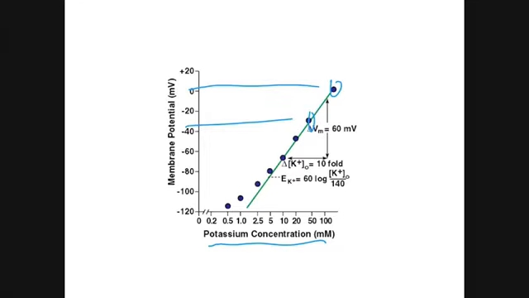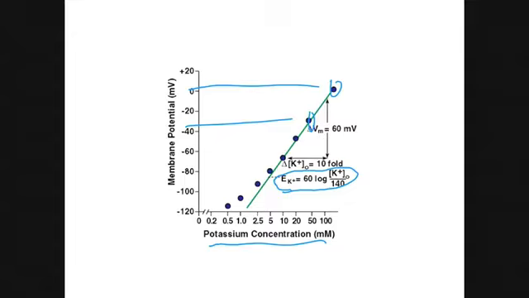This green line is the straight line predicted by the equilibrium potential equation for potassium. 140 is the intracellular concentration, which is fixed. K0 is the extracellular or outside concentration, which is manipulated. And you can see the remarkable result is that the experimentally measured points fit very nicely on what was predicted by the Nernst equilibrium potential for potassium.